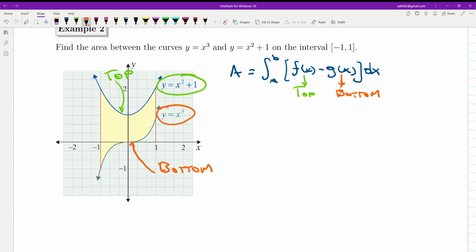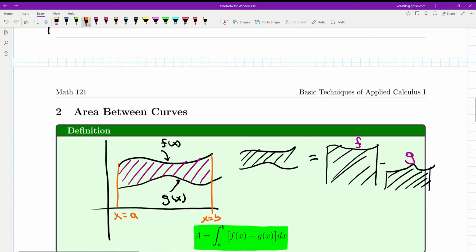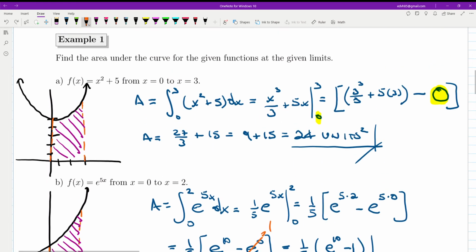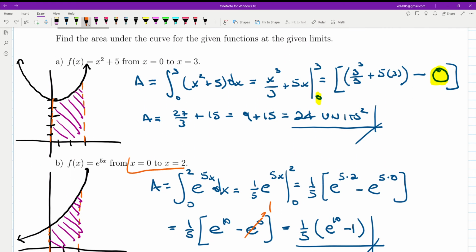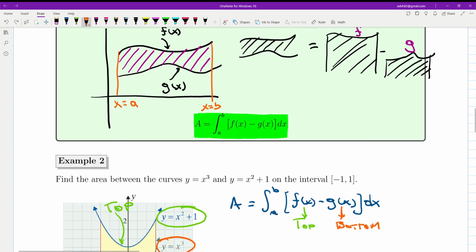And while in this case, we are given the limits of integration from -1 to 1, they could be given in the form of an interval notation or in terms of equations of vertical lines like we did before on the previous examples right here. Notice how they are given in this format. So either way, they mean the same thing.